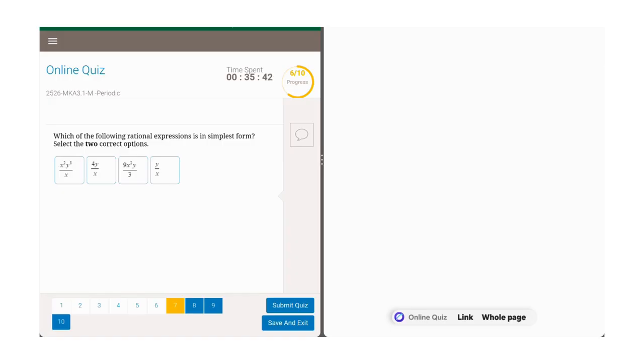We have to find which rational expression is in simplest form again. So we take x squared y to the power 8 over x. For this one, we can just cancel out x with one of the x's up top, so we remove the power. So we get x y to the power 8.